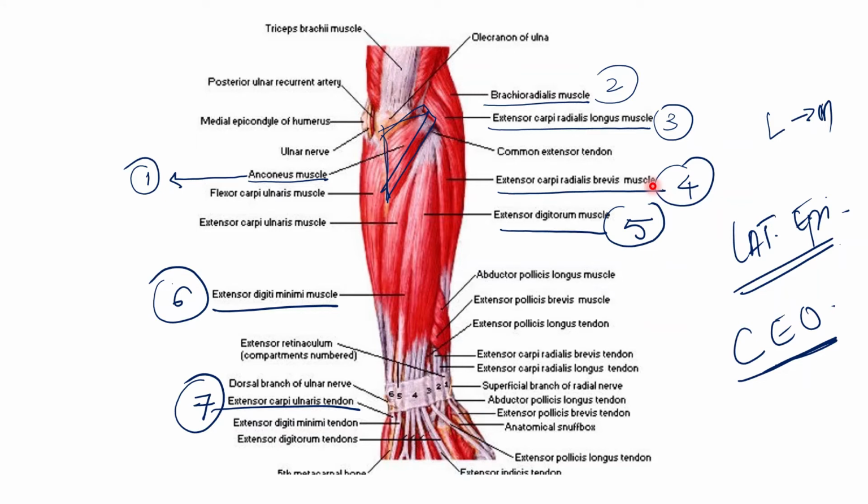Medial to the brevis comes the extensor digitorum muscle. Then comes the extensor digiti minimi, and the medialmost muscle in the extensor compartment is the extensor carpi ulnaris. So these are the 7 superficial muscles of the extensor compartment.